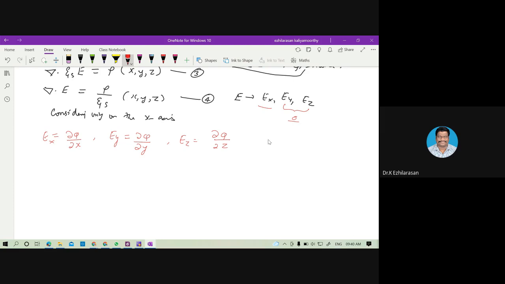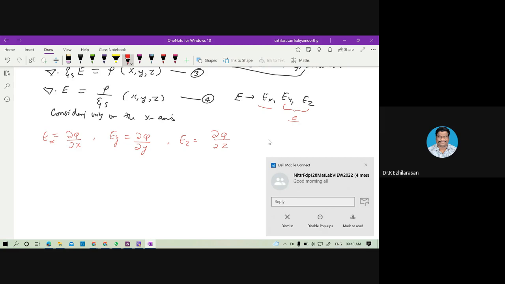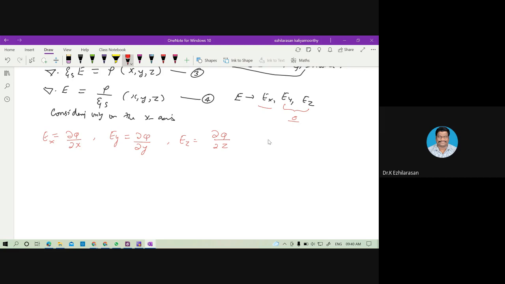Okay, so now we'll put all these things together. If the fringing fields at the edges are neglected, then the variation of the electrostatic potential phi can be considered to be only along the x-axis.